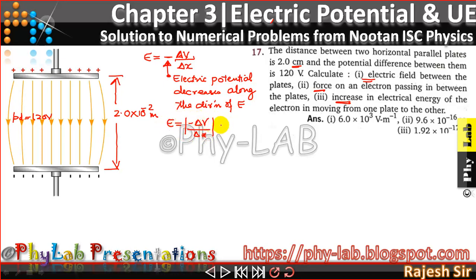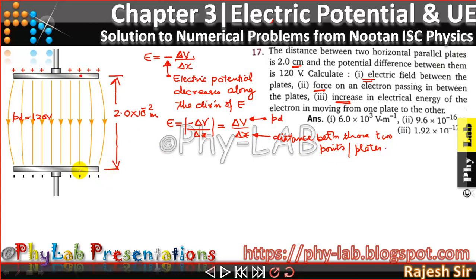So E is equal to modulus of minus delta V by delta X, or simply delta V by delta X in magnitude, where delta V stands for potential difference across the 2 points and delta X happens to be the distance between those 2 points.